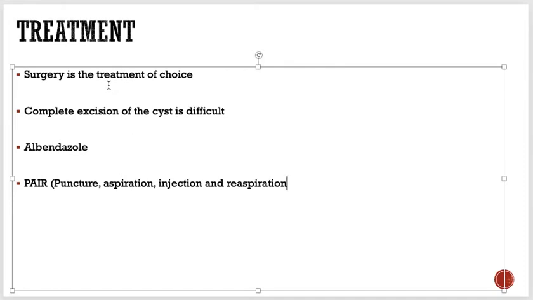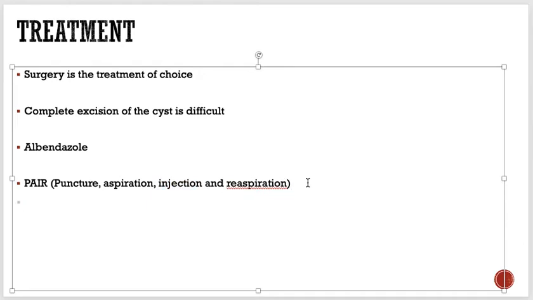So what they do in this one, they reach the cyst under the guidance of ultrasound to guide the needle where it is going. Once they reach there, they puncture it with that needle. They take out the fluid through that needle, and then they inject a scolicidal agent.